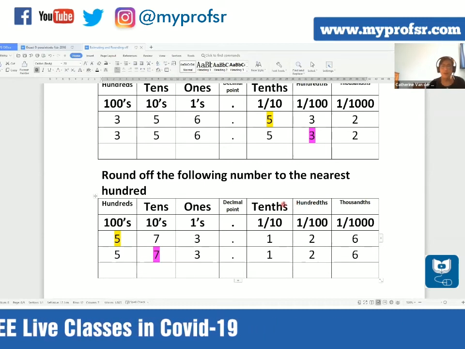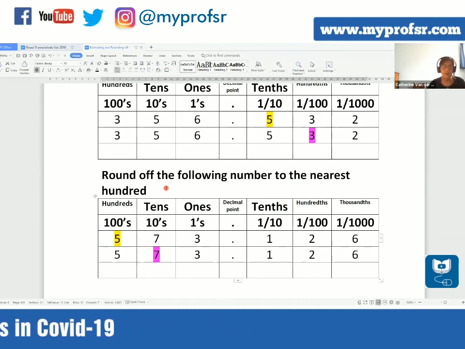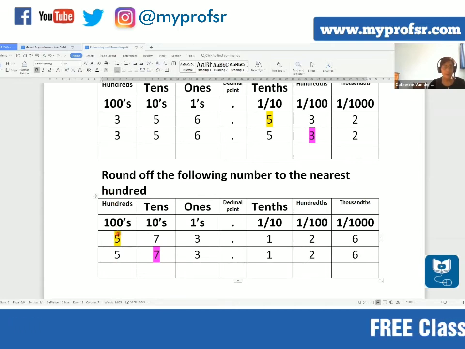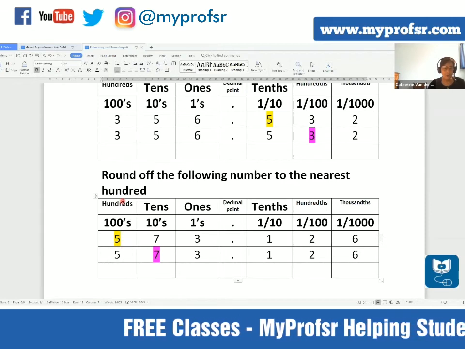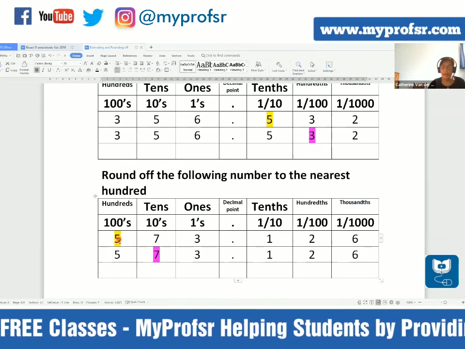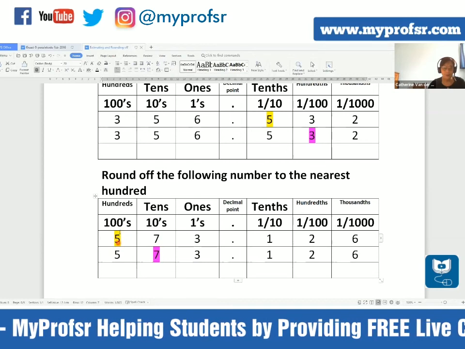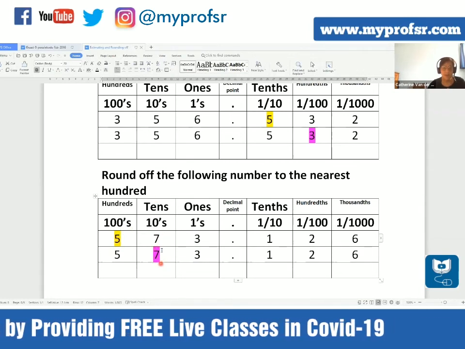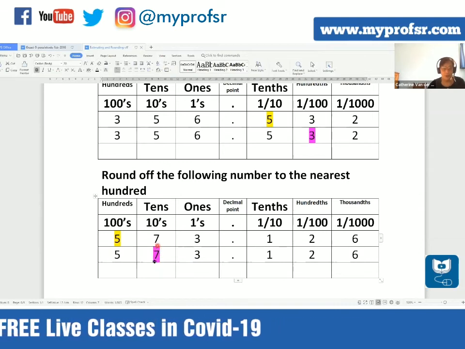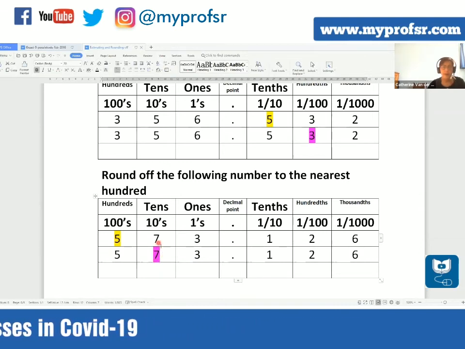We have to round off to the nearest 100. Now, this is the hundreds column. So it's the 5 which we have to round off. And we're looking towards the 7, whether it's bigger or smaller than 5.